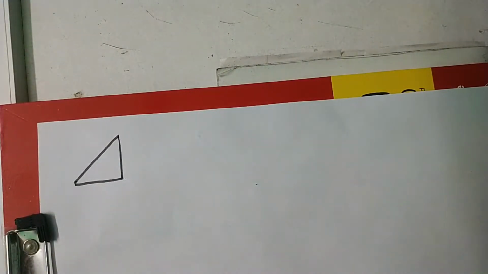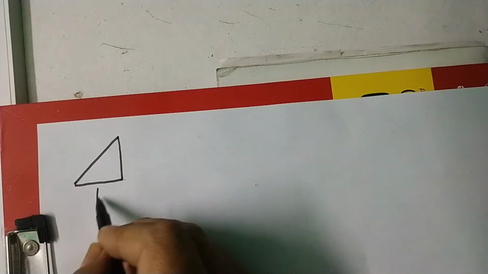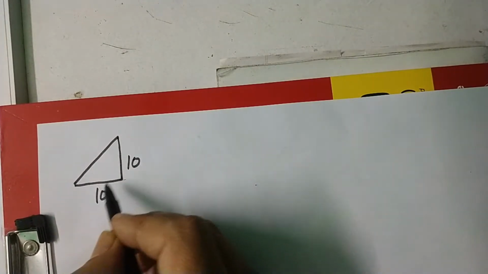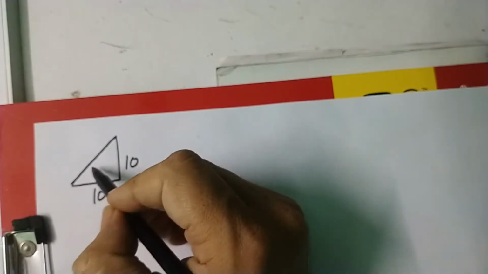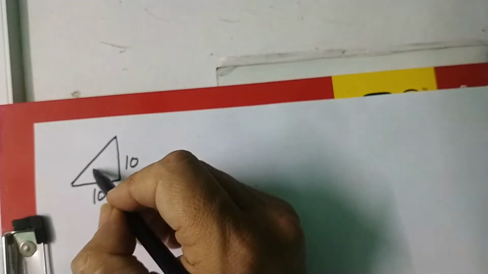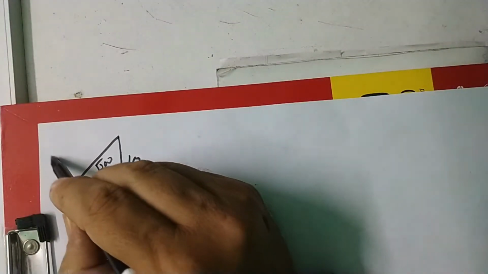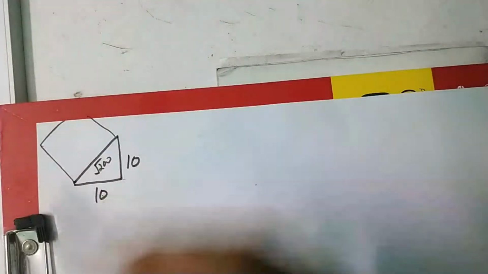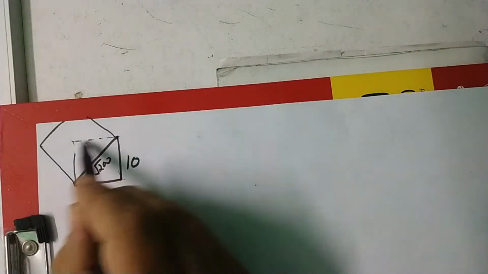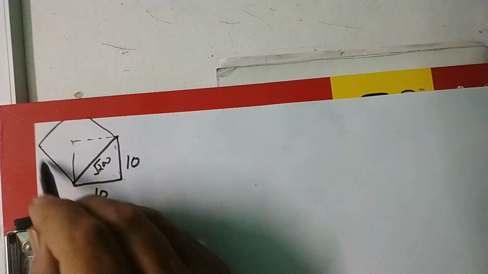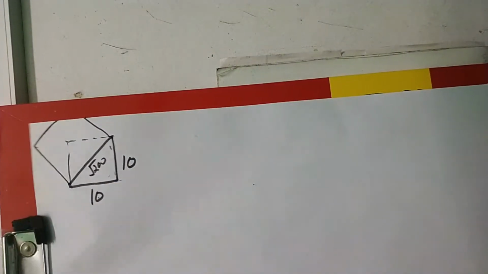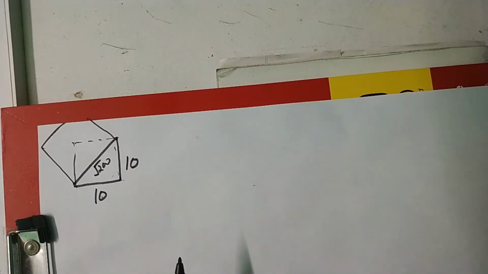There is a small square whose side is 10. From this 10 and this 10 we found the diagonal. Diagonal came 100 plus 100, under root of 200. Now this diagonal has got a square. So you have to say how many of these square tiles can fit inside this square? How many original tiles would fit inside the new square?